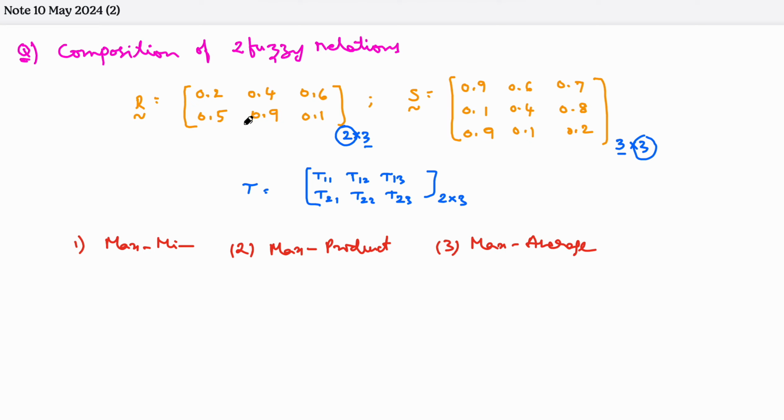As we discussed, it is like matrix multiplication. That means you have to take the row side here and column side here, and you have to identify these two.